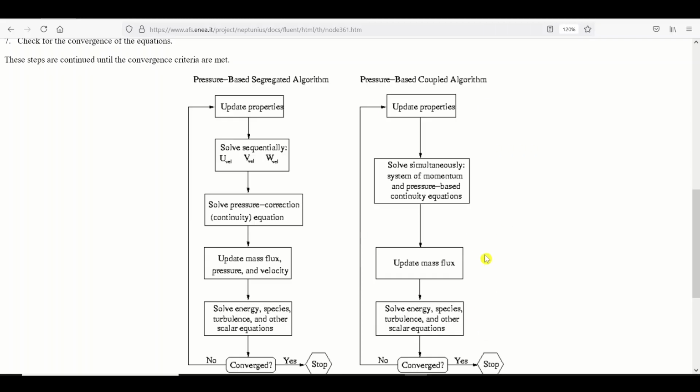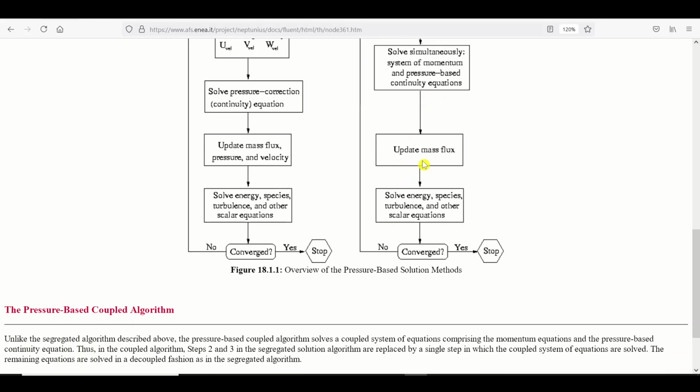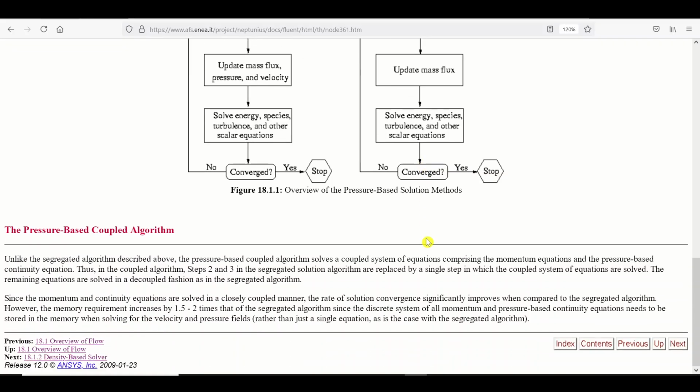Whatever updated properties we had, these values will be shifted over here, and then we will be solving these equations in a coupled manner. Then again we will be getting some new updated values. We are updating the solution, solving the additional equations, and checking whether the values are below the benchmark value or not. Clear? This is the iterative process.